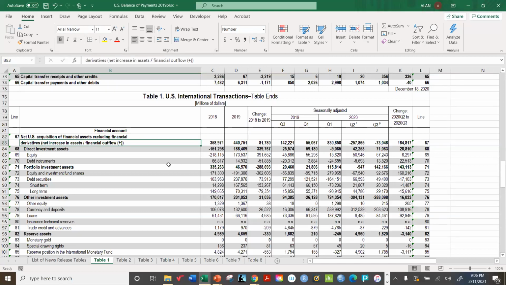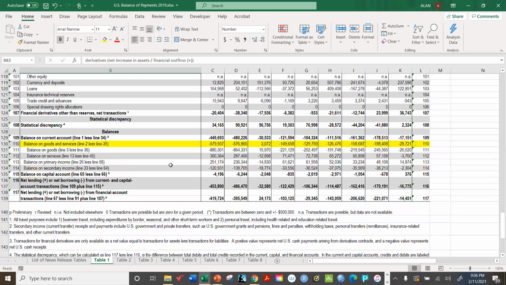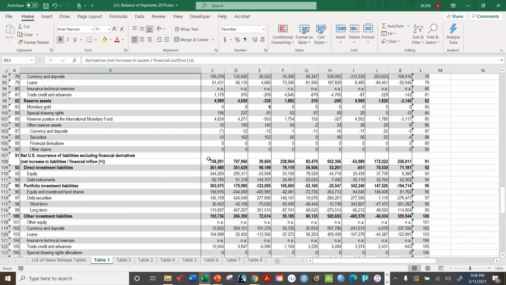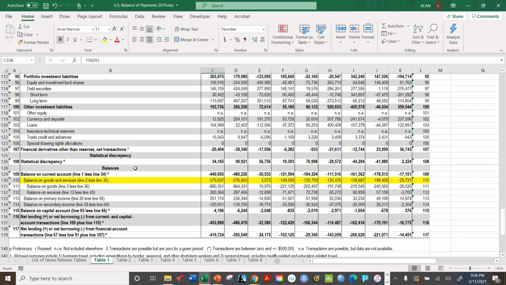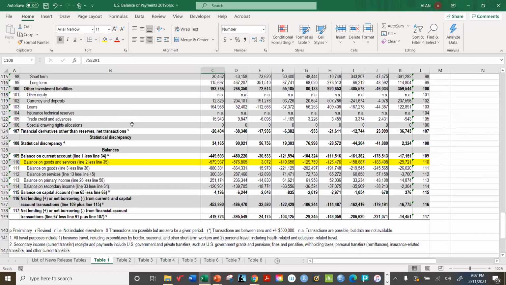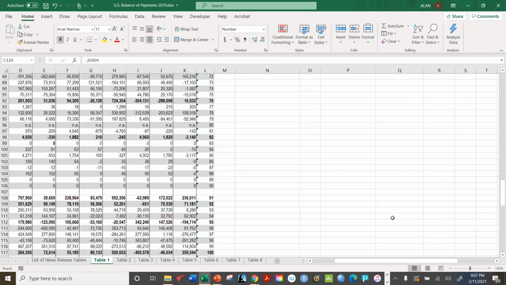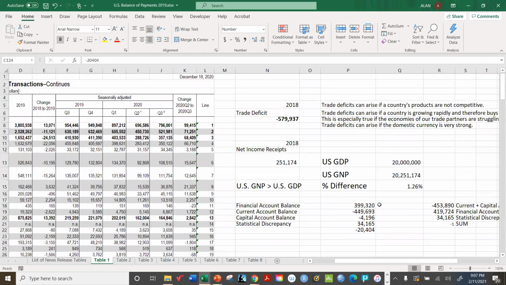This is what I took to be the, okay, they took that line. And then they subtracted 91, which I did. But then they also brought in line 107. Okay, there you go. That explains that. That's why this number is wrong, because I did not include the financial derivatives.